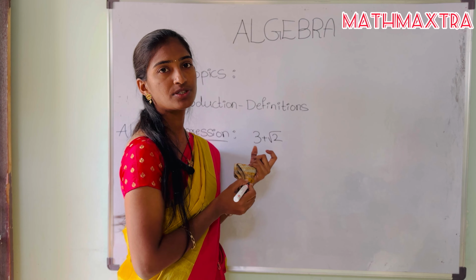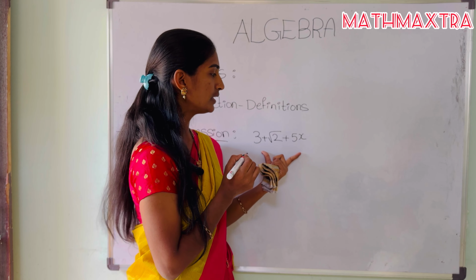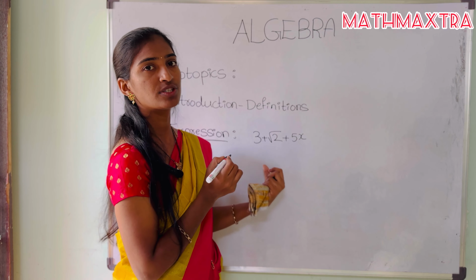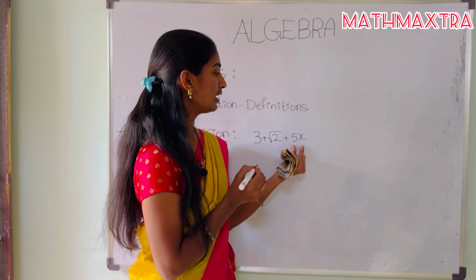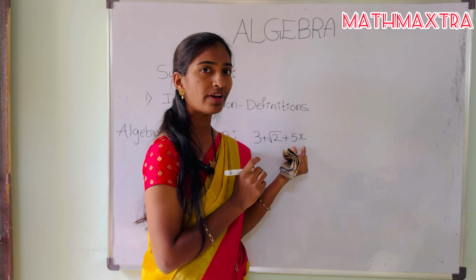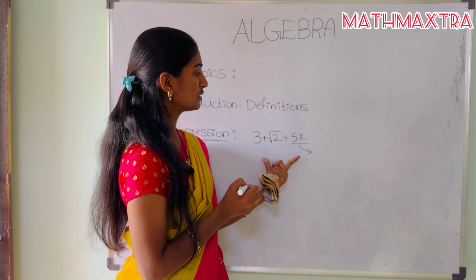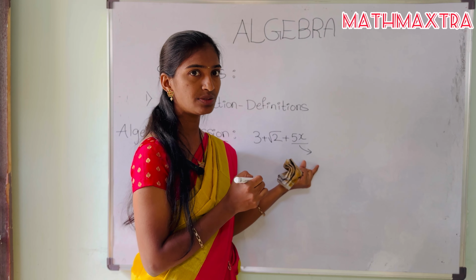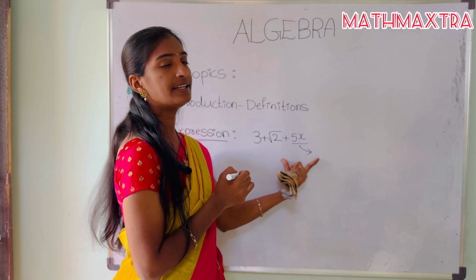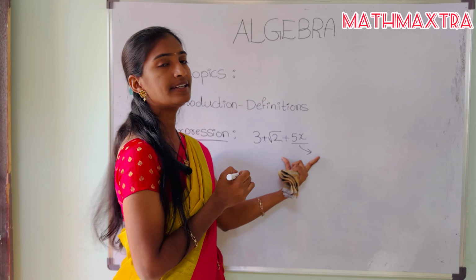If we add the product of one constant and a variable to this numerical expression, it becomes an algebraic expression, because it contains at least one algebraic term. So this total expression contains at least one algebraic term, and we call the entire expression an algebraic expression. Okay, did you understand?